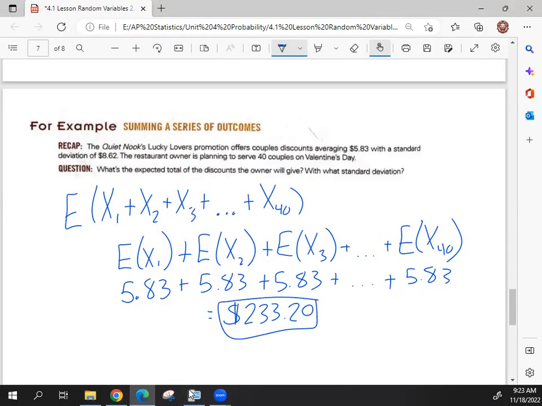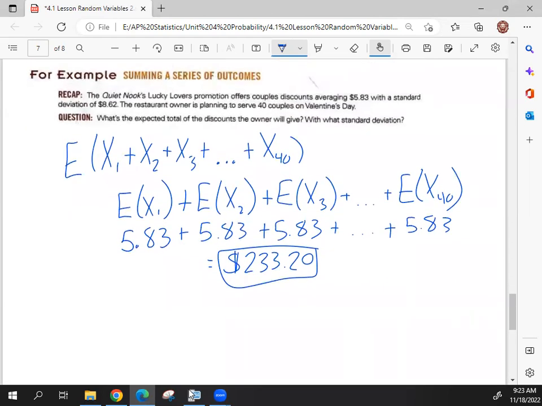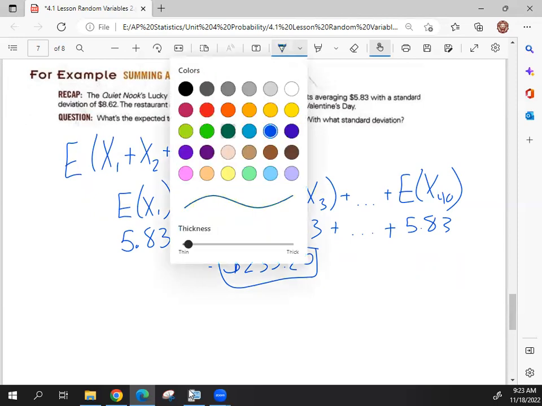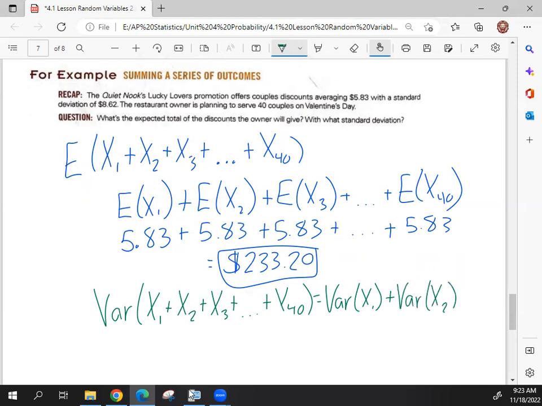The same thing is true for the variances, and you can do that on your own. We could do that together if you really want to. We would just add up 74.3 40 times, and that would give us our variance. So our variance would be, we would just add our variances, and this could get very long.